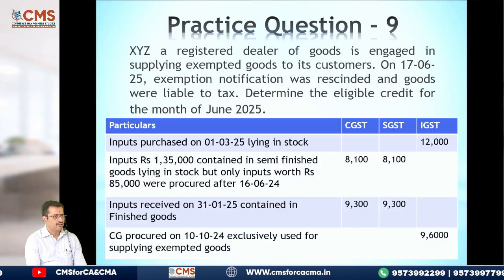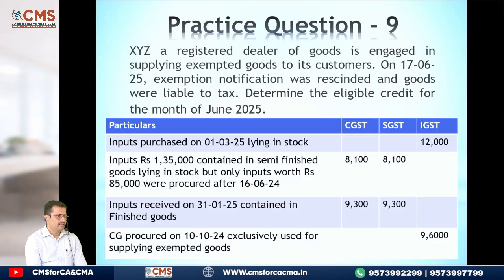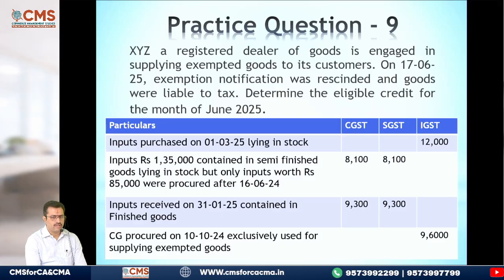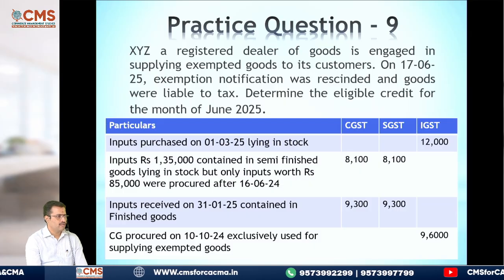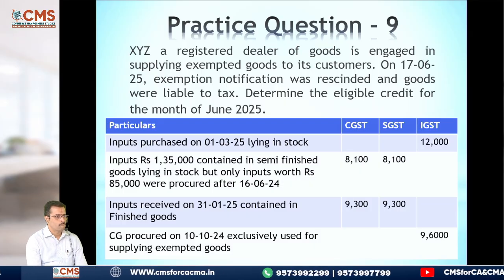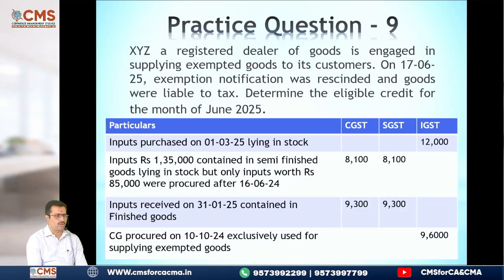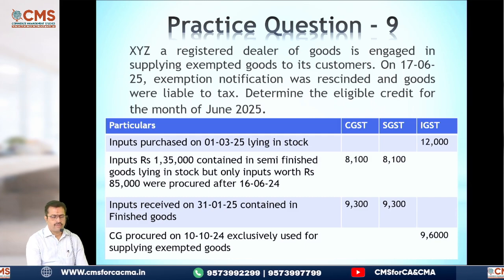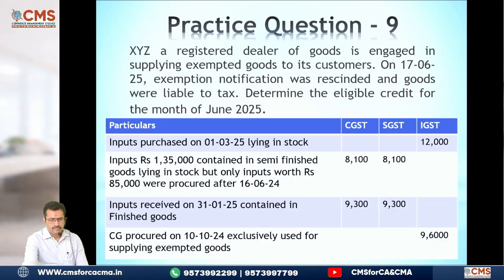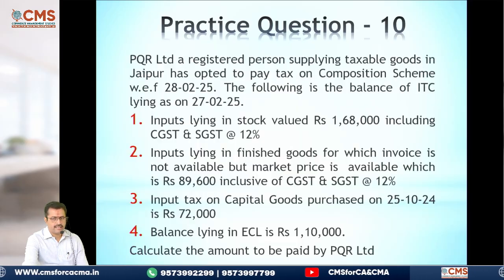Correct? IGST: 12,000 plus 81,600, 93,600 total IGST. Every one of you, did you get? Then let's go to practice question number 10.